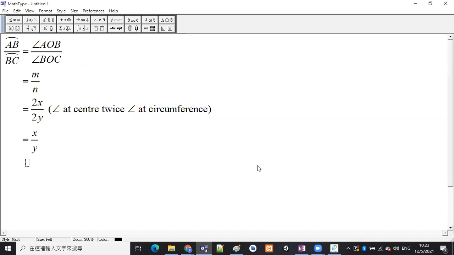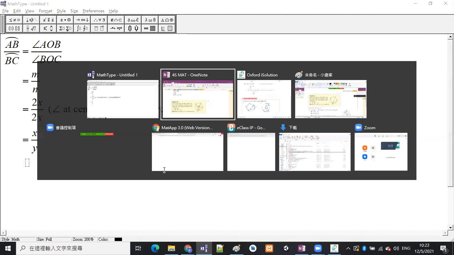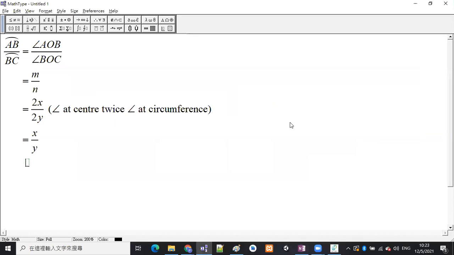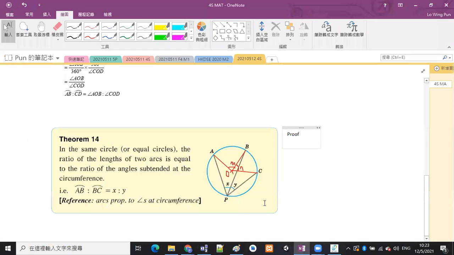So what we have got is the arc ratio is also equal to the angle at circumference ratio. So this arc AB to the arc BC is equal to x to y, and they are the angle at circumference.